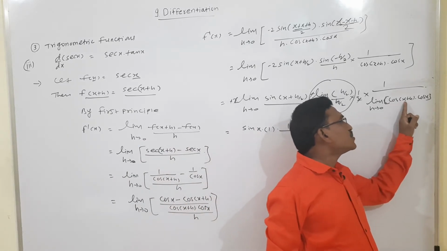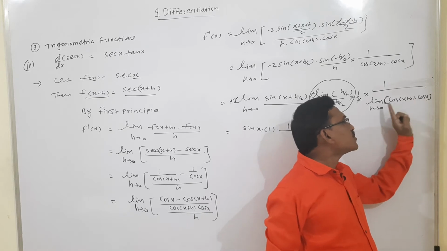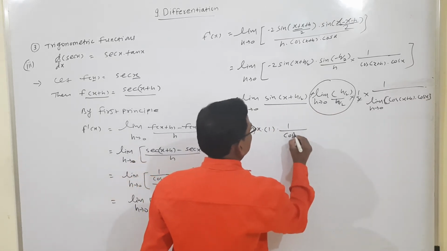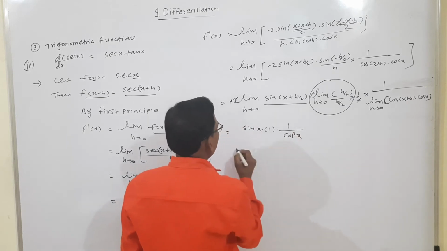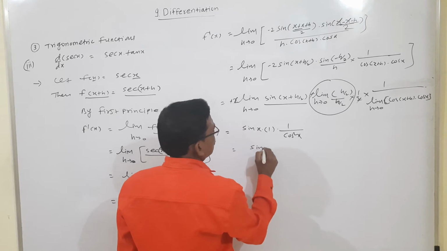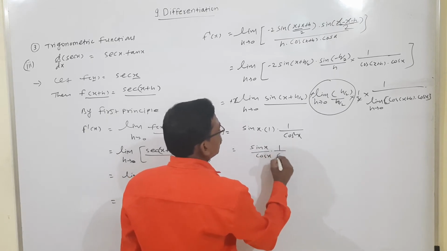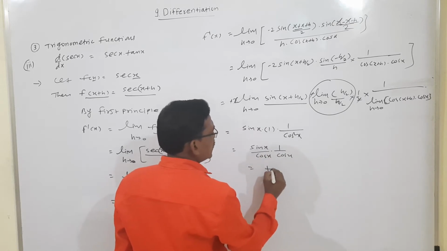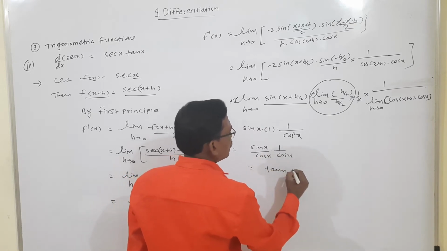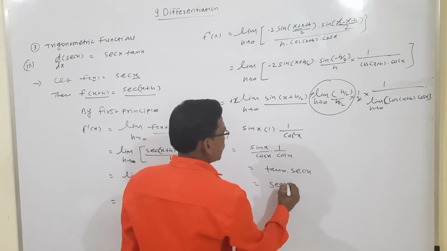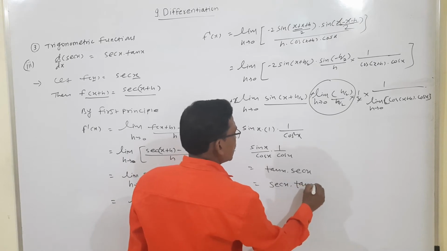So it is cos square x. Take first sin x upon cos x into 1 upon cos x, and we know that sin by cos is tan and 1 by cos is sec x, and therefore it is sec x into tan x.